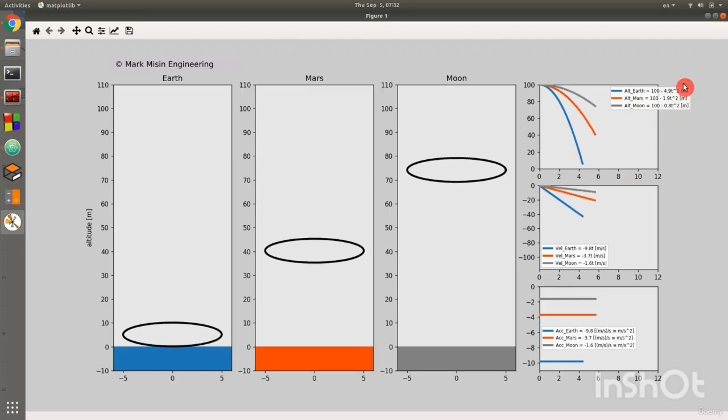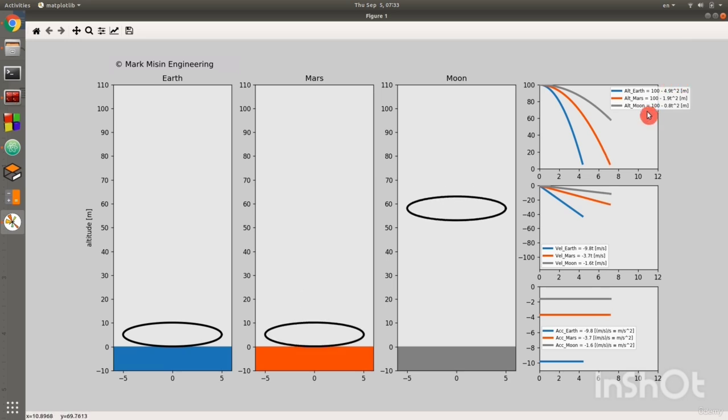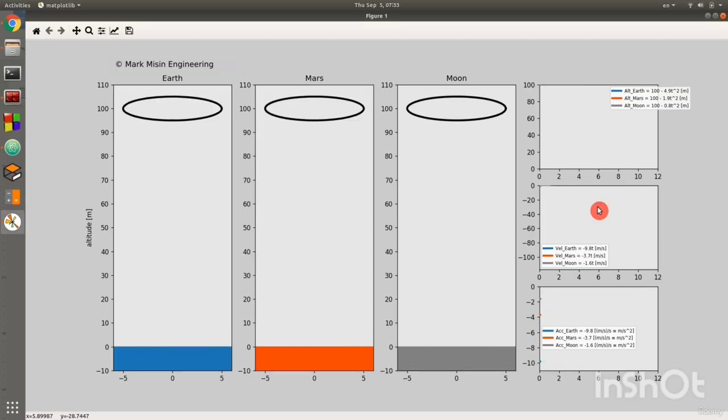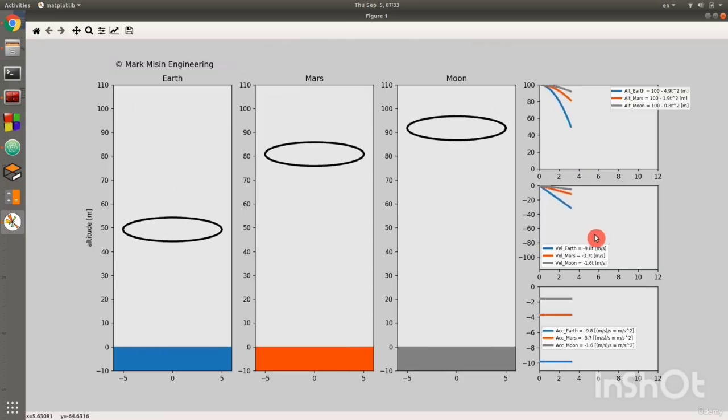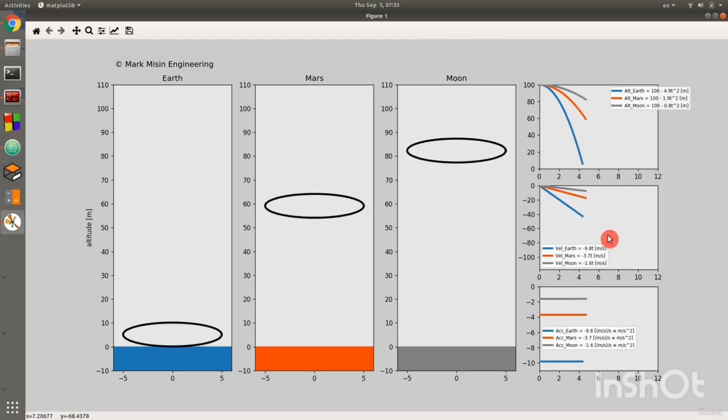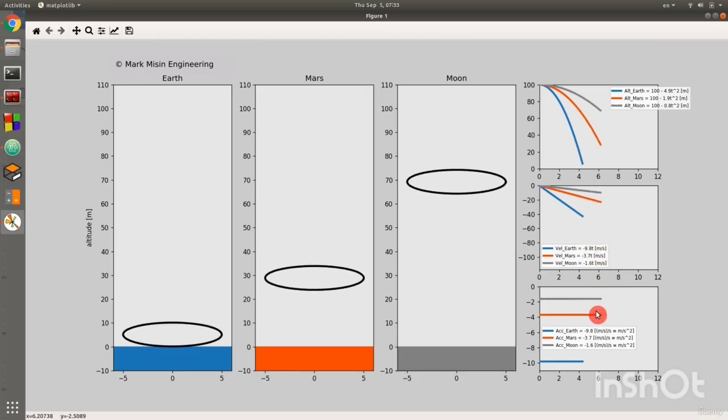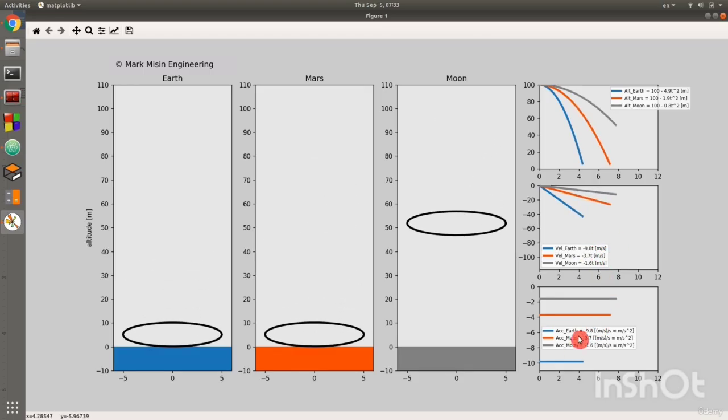And then the task was to take a derivative of this function in order to get downward velocity functions. And then once you had a function for the velocity, then you had to take another derivative of those velocity functions to get downward acceleration functions. And this is the solution here.